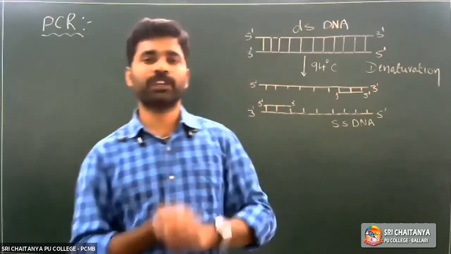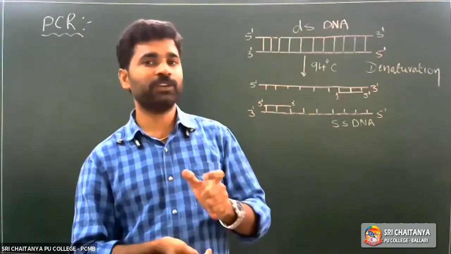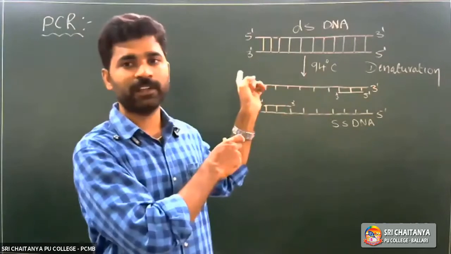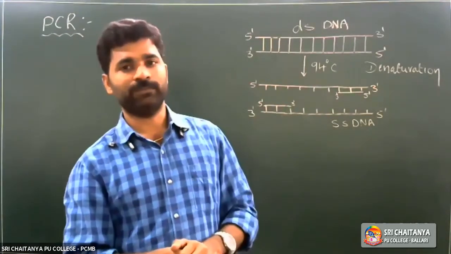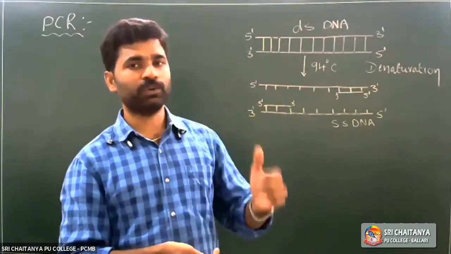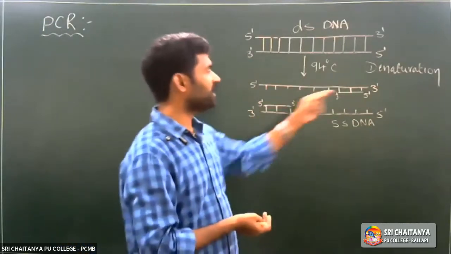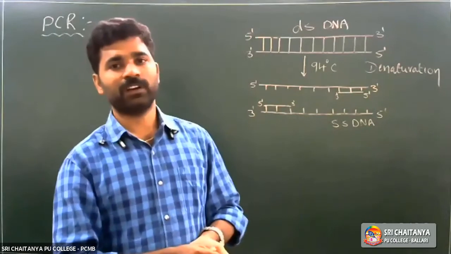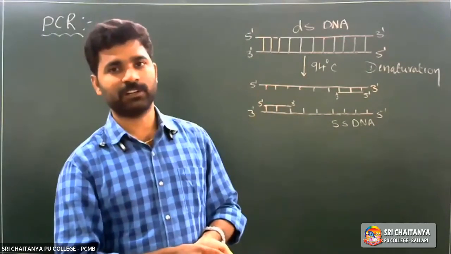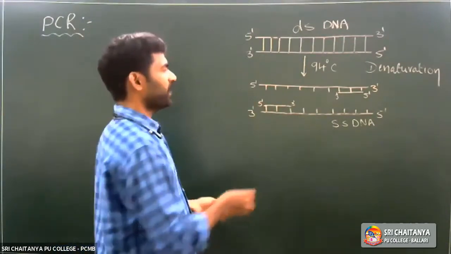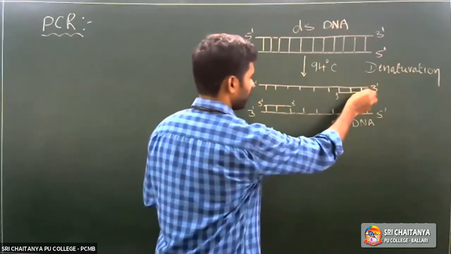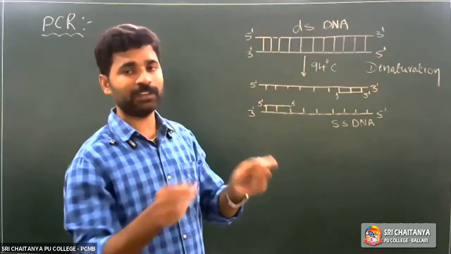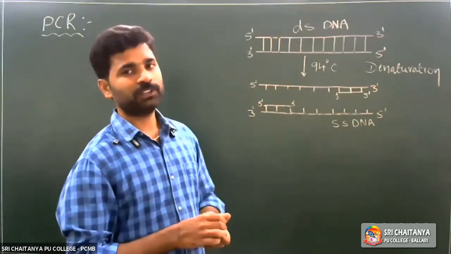So 13 to 14 nucleotides are present in the DNA primers which we use in the PCR technique. The DNA primers always exist in the 5 prime to 3 prime direction.